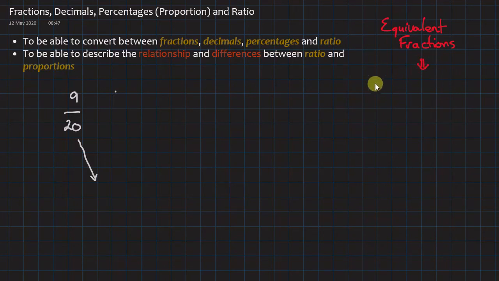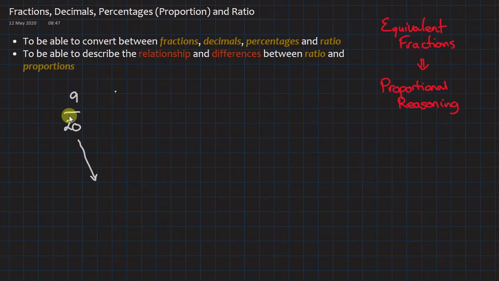So equivalent fractions lead to proportional reasoning. This is why I keep banging on about these. I keep talking about equivalent fractions and ratios. The techniques I use are actually the same. So do try them, please.